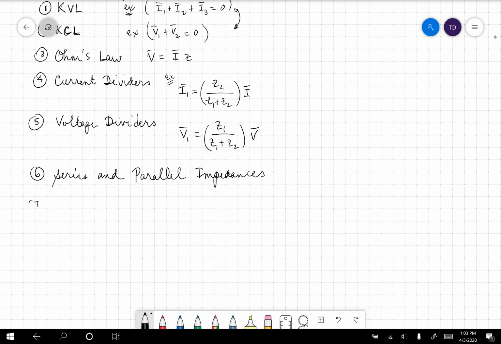A few more. Nodal analysis. Oh, you're kidding me. I can still use that. I was hoping we could throw that away. Mesh analysis. So those concepts still work. Source transformation, no way.